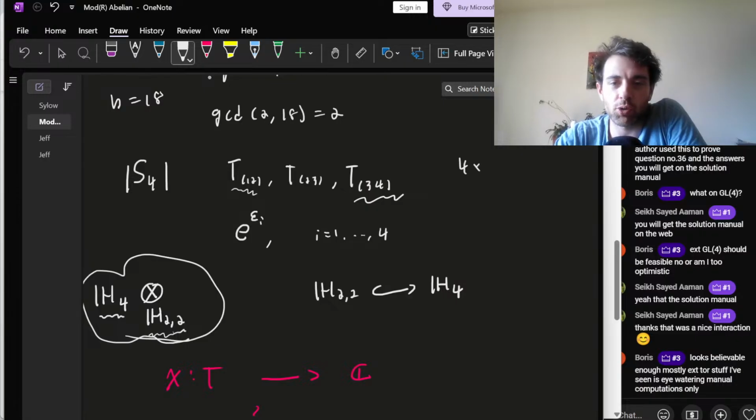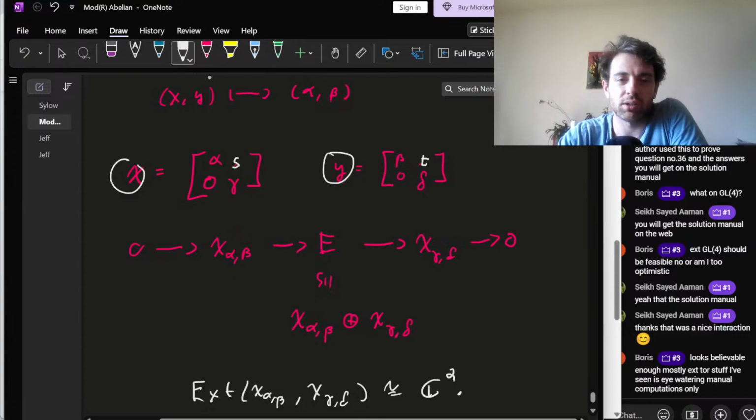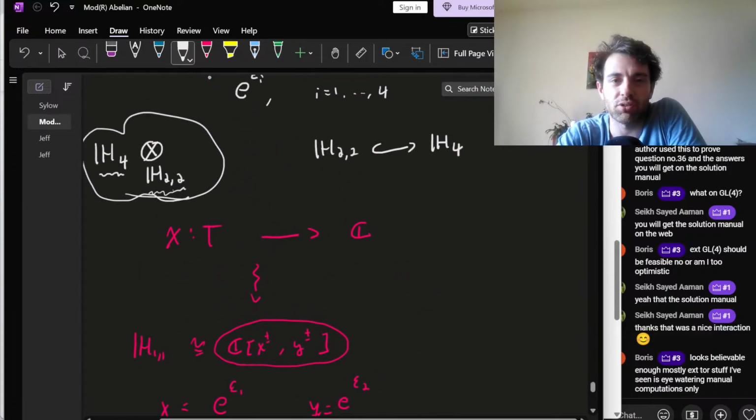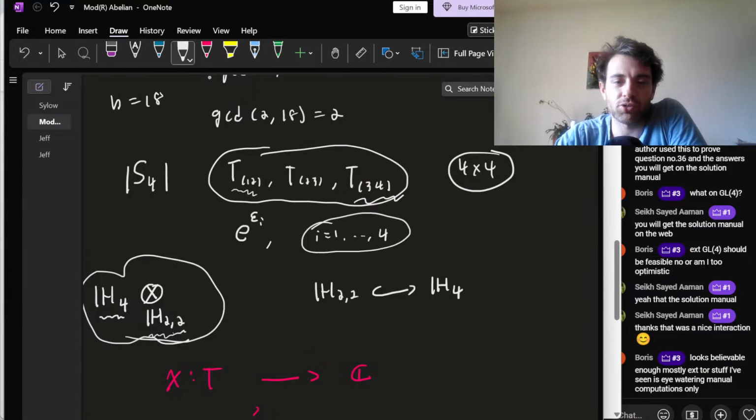So then what I need is a 4 by 4 matrix. Down here, for example, it's not so bad because I'm just computing what happens with 2 by 2 matrices. But up here, I have 3 plus 4, so 7 generators, and each of those are 4 by 4 matrices. Some relations will cut down some of the entries of the matrix, but a naive approach at this level just seems intractable, right?